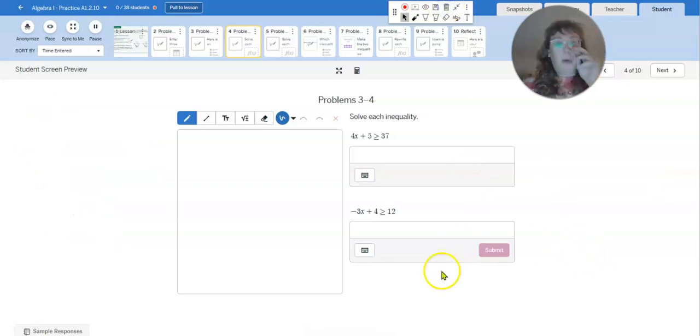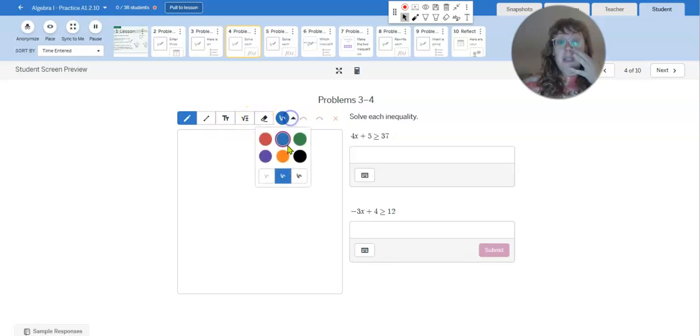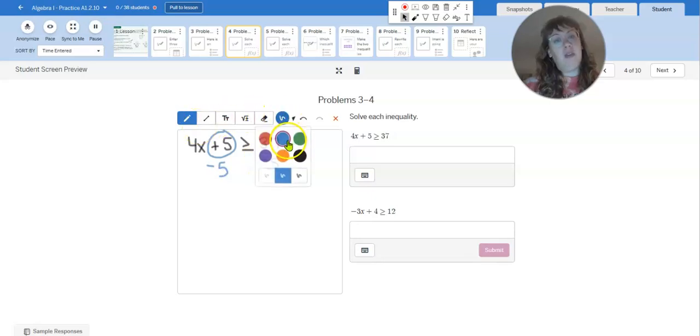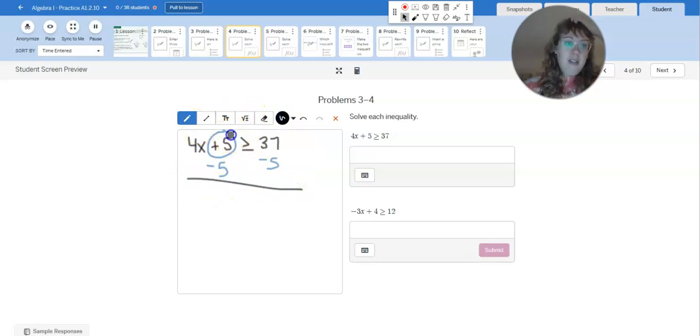Solve each inequality. Okay, let's look at the first one. We have 4x plus 5 is greater than or equal to 37. So we want to get rid of this plus 5 first by subtracting it and moving it over to the other side.